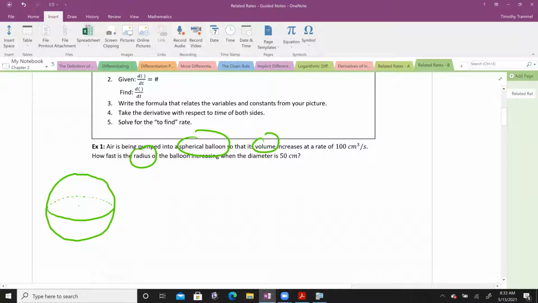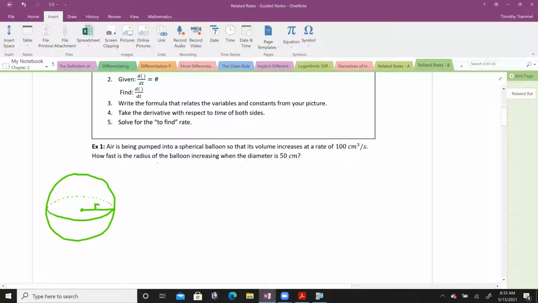Okay. And the only measurement that we're really going to be interested in on this picture, at least, is going to be the radius here, r. Okay. So we have r here, and we know we have the word volume in there too. So we do have another variable V, but it doesn't really fit into our picture here.